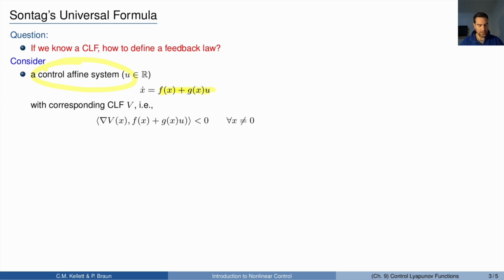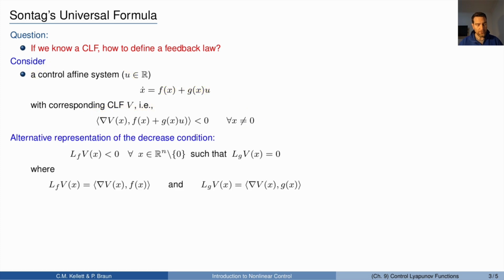And just to keep in mind what control Lyapunov function means now, we know by assumption that this condition here is satisfied for the function V. A different way this is often presented in the literature is by using the so-called Lie derivative, L_f V or L_g V, which simply means these inner products here, the components of the inner products, and this representation is only possible for control affine systems, but not for more general systems.